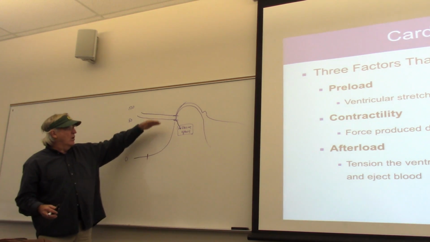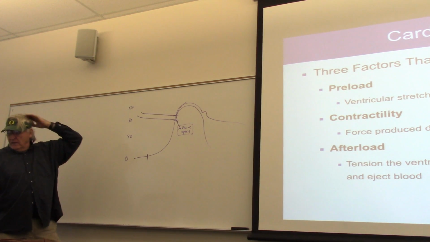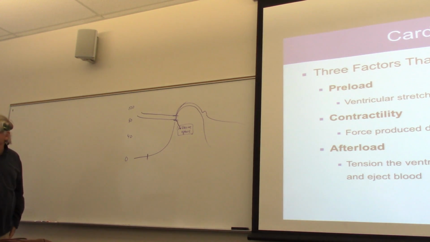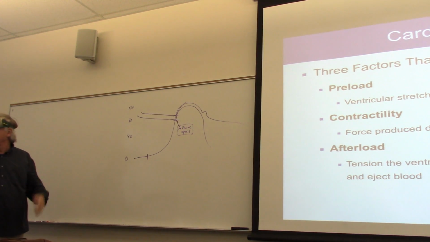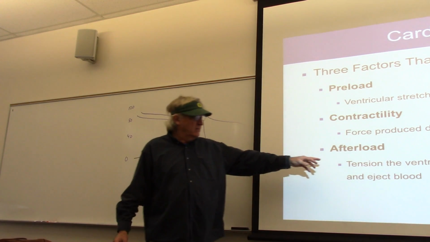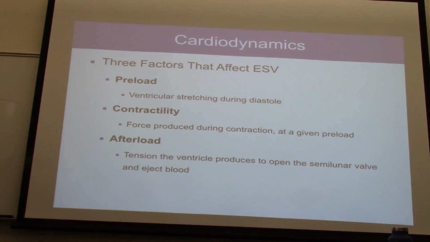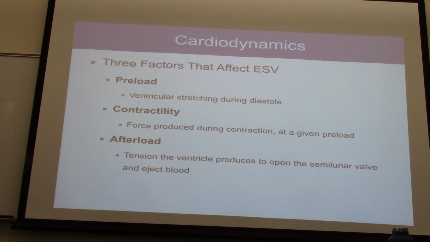It has to pump all the way up here to 100 or 110 millimeters of mercury. And that may be all the difference between your heart being strong enough or not being strong enough. Make sense? So that's what's called afterload, because that's the load after the heart. It's the hypertension, the pressure coming back at you. Okay?